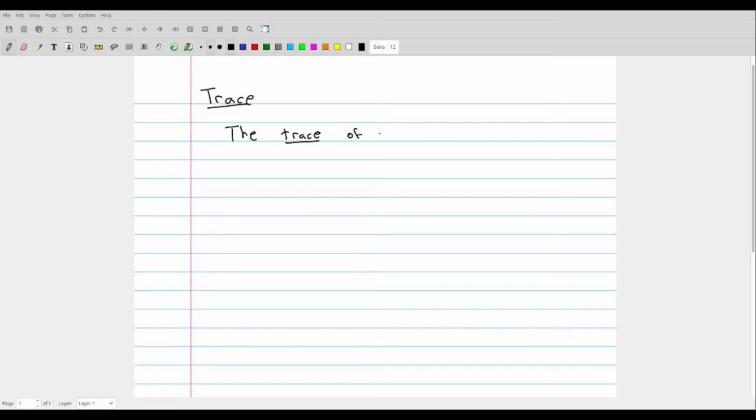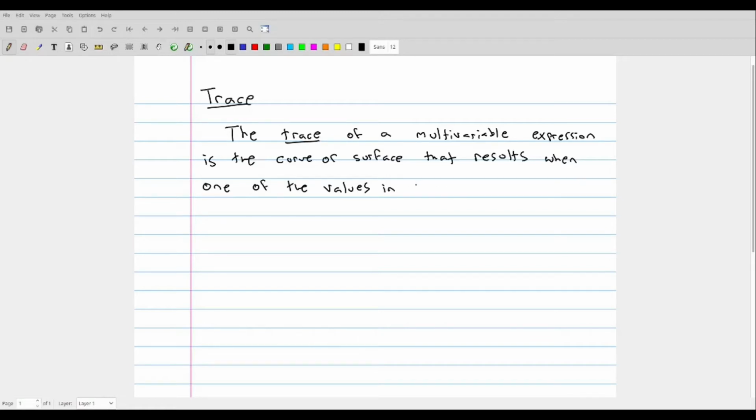So the trace of a multivariable expression is the curve or surface that results when one of the values in the expression is fixed.